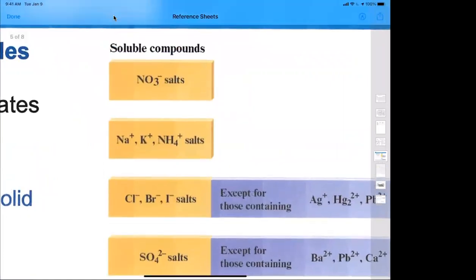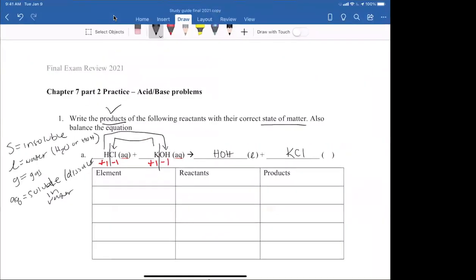So K is a soluble compound. Cl is a soluble compound, meaning both of these fall in the yellow section. They don't fall in any of the exceptions. So they are soluble. So for this, we would write AQ, aqueous. Okay, and that's the states of matter.